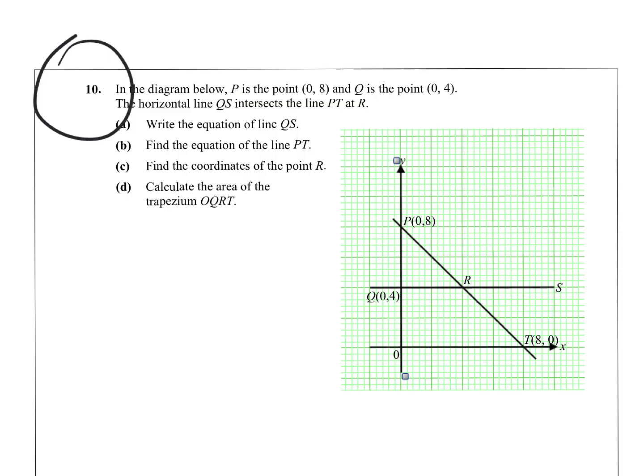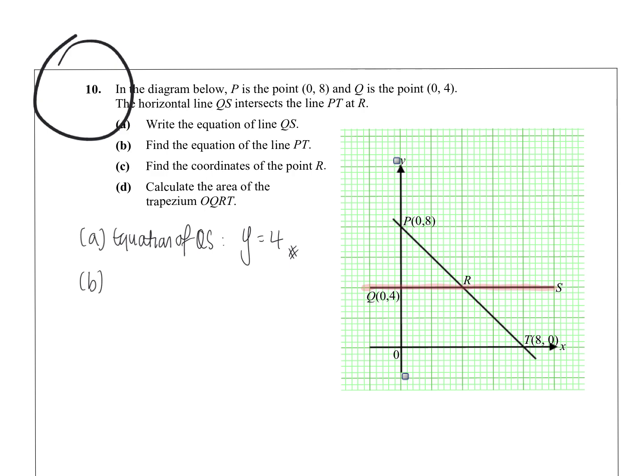Write the equation of QS. Horizontal line, gradient 0. So the equation of QS is just y equals 4. That's it. The whole line, y is 4. Okay, I want the equation of the line PT. This one.